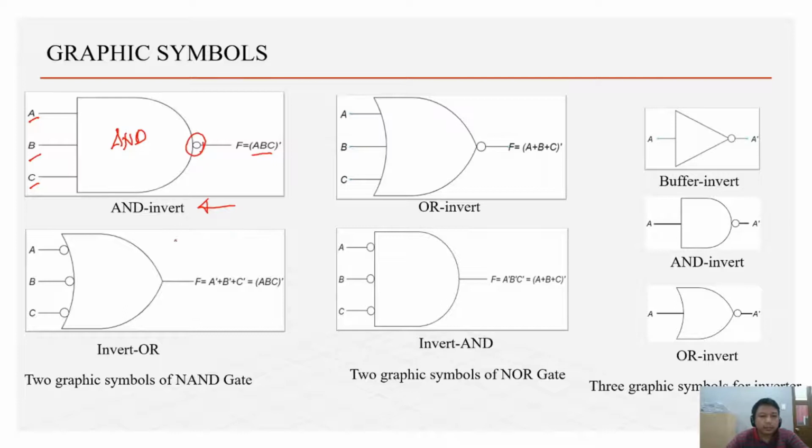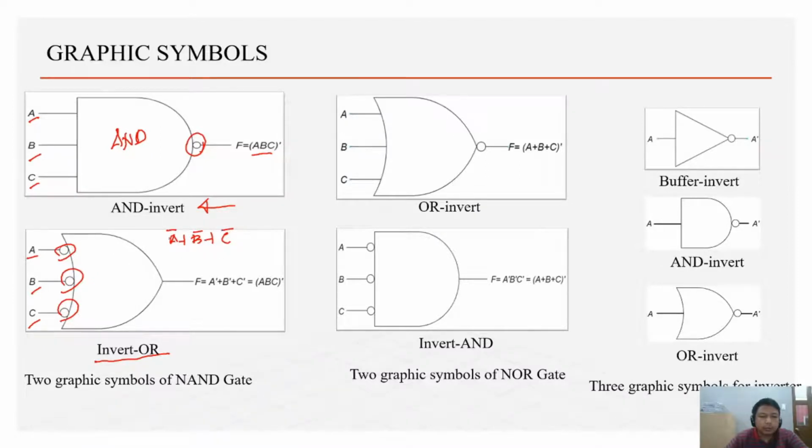The next symbol for NAND gate is what we call the invert OR symbol, wherein we are going to invert the inputs first prior to the output. So initially our OR gate will have A plus B plus C, but since the inputs are already inverted, we have A prime plus B prime plus C prime.